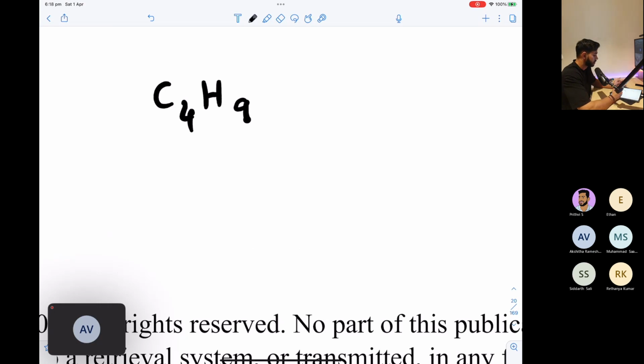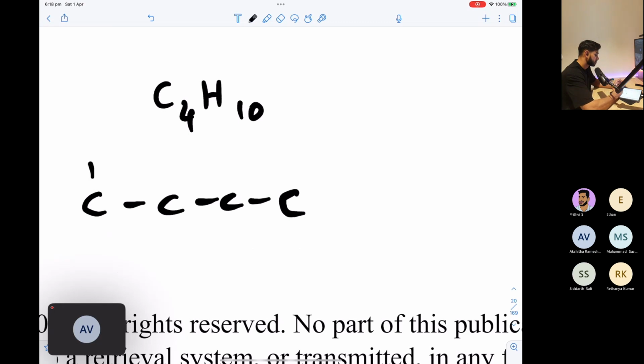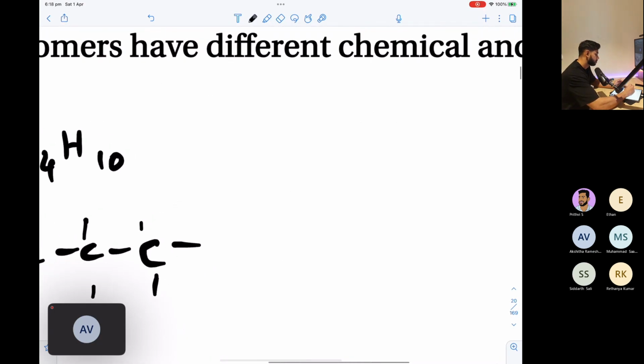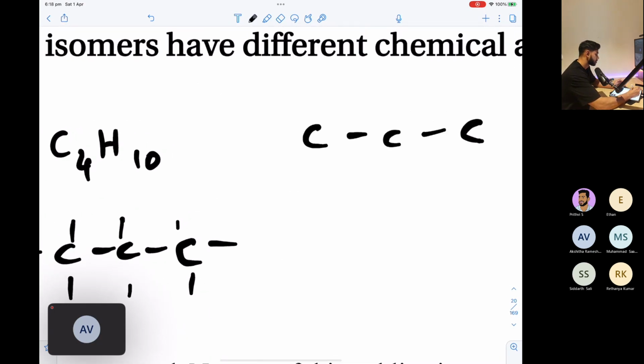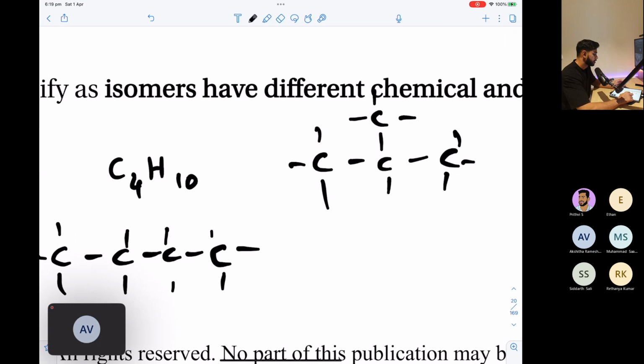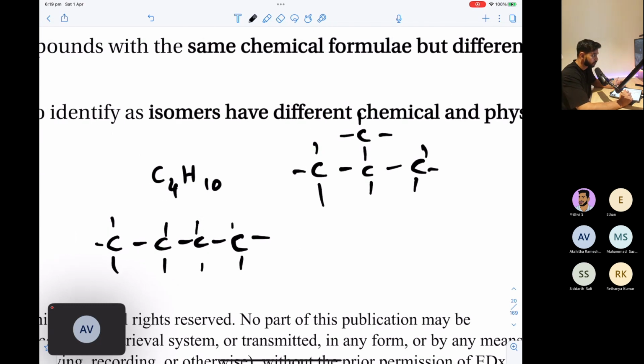From this chemical formula, I can either have this compound being butane, or I can have this compound also looking like this. You can clearly see the structural formula looks different. Don't worry about their names for now, but they have the exact same chemical formula. So we'd call these two compounds isomers.